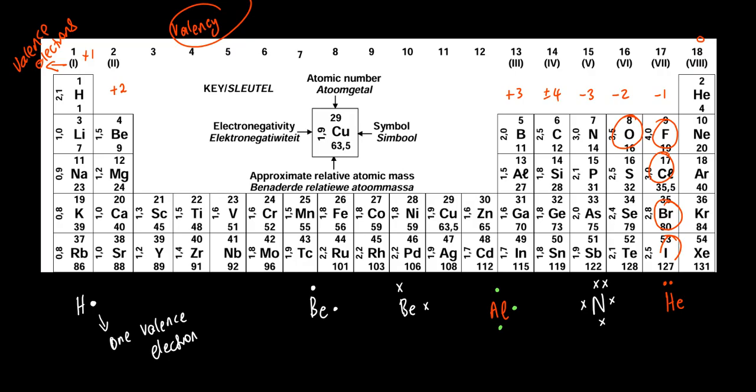What about phosphorus? Five. Okay, perfect. 1, 2, 3, 4, 5. What about copper?